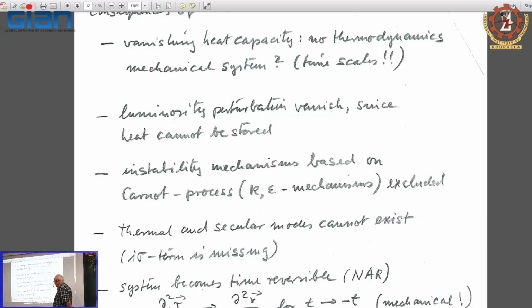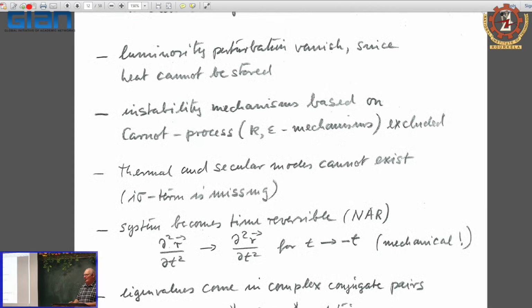And finally, the last property is related to the name, non-adiabatic reversible. Well, if we now change time, or if we reverse the direction of time, that means we replace t by minus t, then the acceleration will, because of the square appearance of the time here, not change.